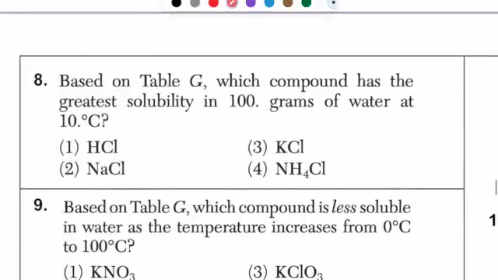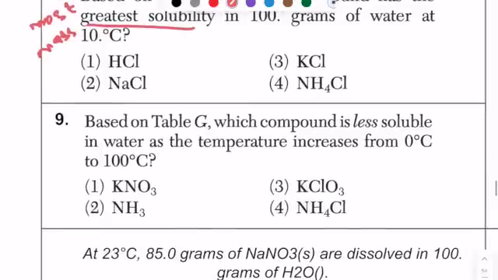So based on table G, which compound has the greatest solubility in 100 grams of water at 10 degrees Celsius? So you're looking for the one that can dissolve the most mass. The greatest solubility means most mass dissolved. Then for number 9, based on table G, which compound is less soluble in water as the temperature increases from 0 degrees to 100 degrees Celsius? So we are looking for something that has a downward going arrow over time.